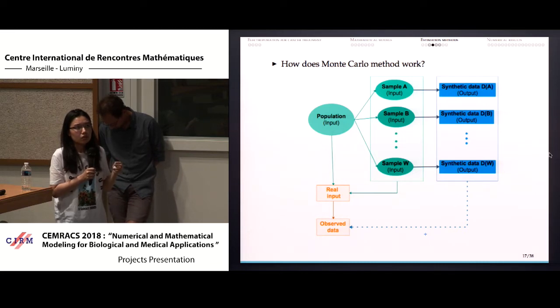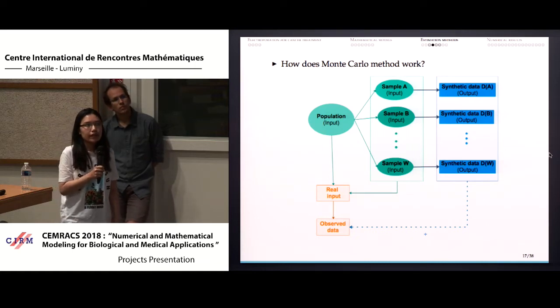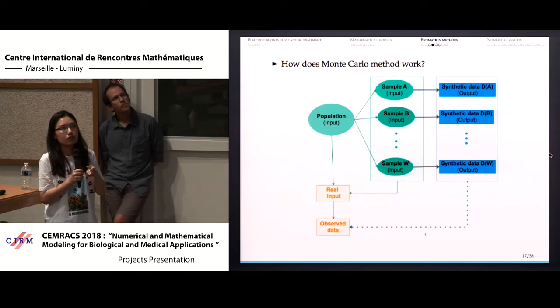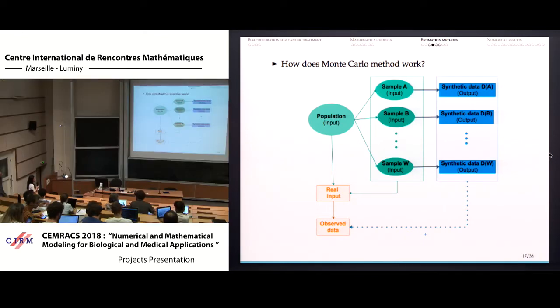If we don't have much information about the input population, we just take random samples with the same distribution, and then we compute the synthetic data over and over, each time using a different sample.